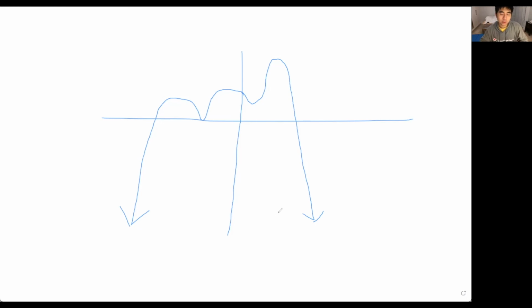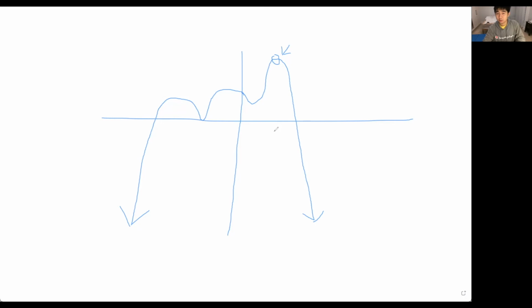So the absolute maximum, you can just think of it as: what's the highest point? In this situation, this is our highest point. This is the highest point on the graph. Anything to the left of it is lower, and anything to the right of it is lower. So this point is the absolute maximum.